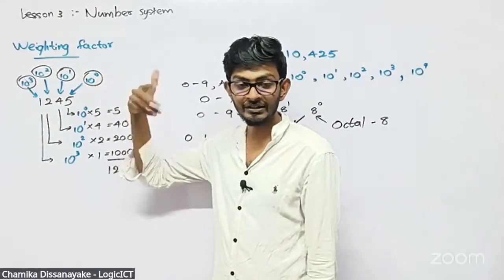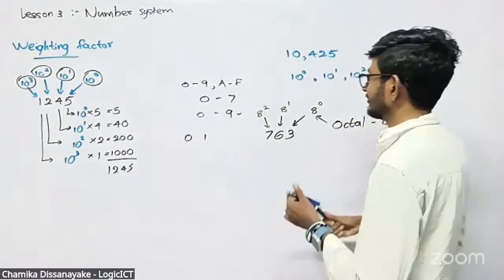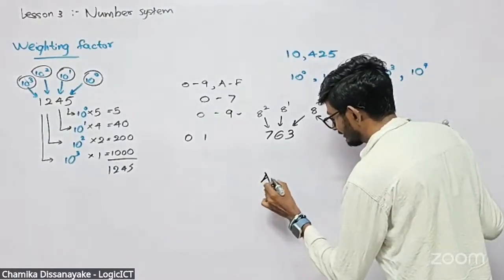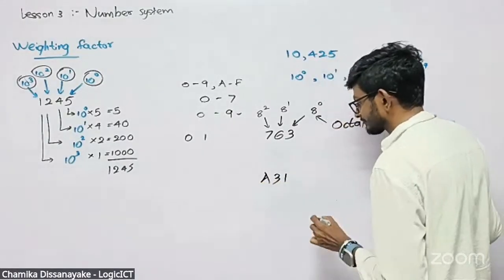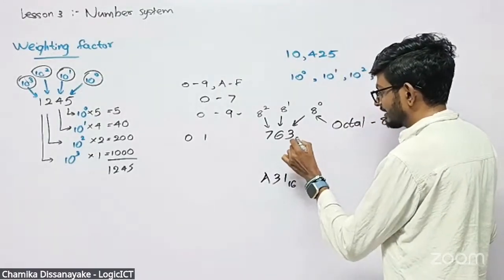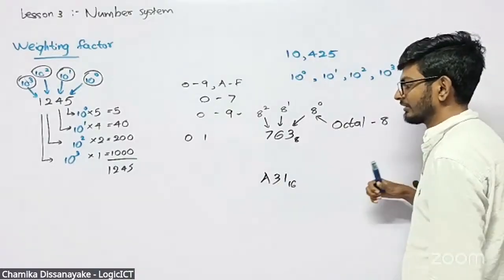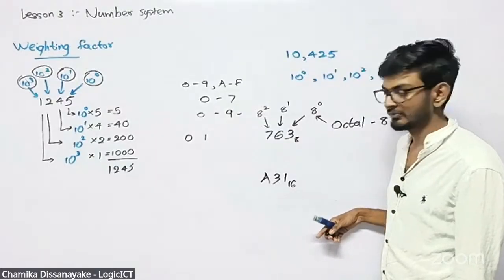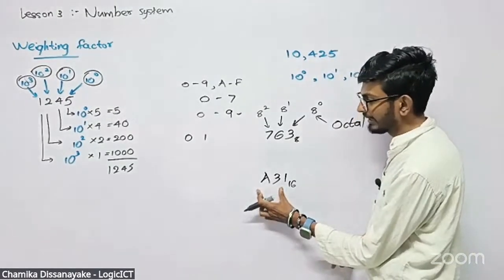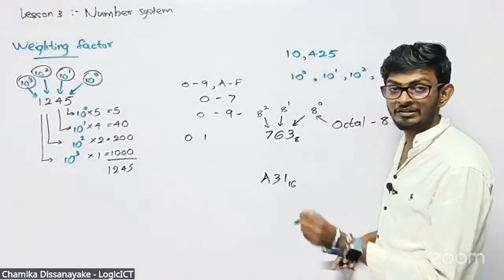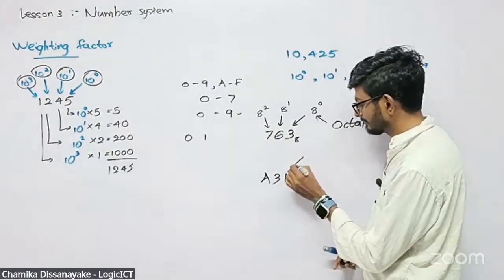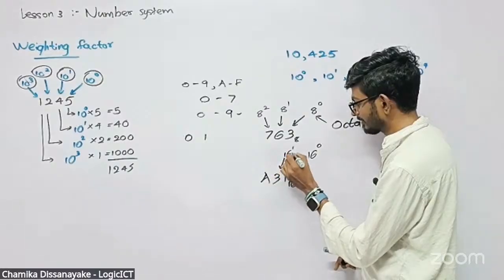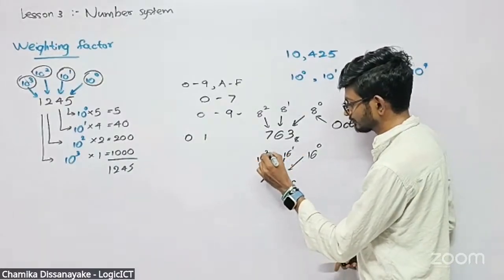When we come to the hexadecimal, I will write A31 with its base. Here we are writing the base because when we see the numbers, we can identify the number system. Hexadecimal means 16, so this will be 16 to the power 0, 16 to the power 1, 16 to the power 2.